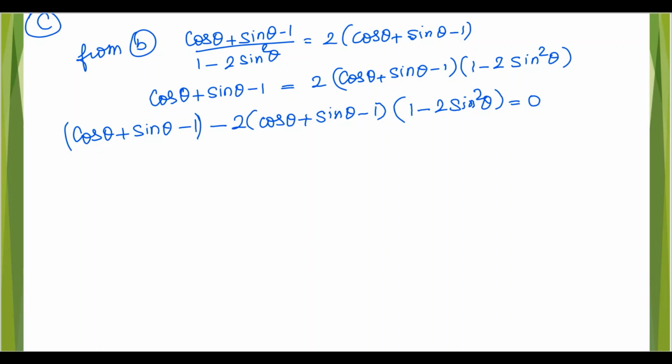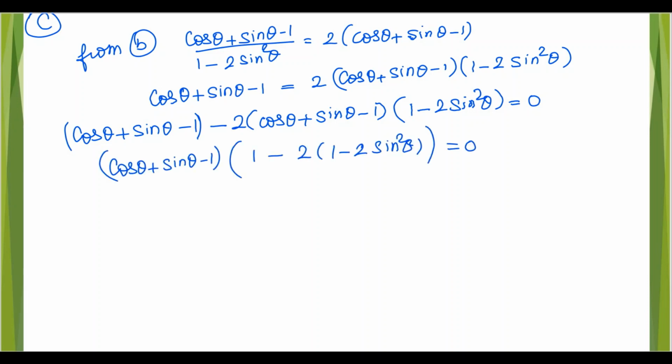Now we can take cos theta plus sin theta minus 1 commonly from both the terms. Now we will get cos theta plus sin theta minus 1, the whole thing multiplied by 1 minus 2 times 1 minus 2 sine square theta. Okay.